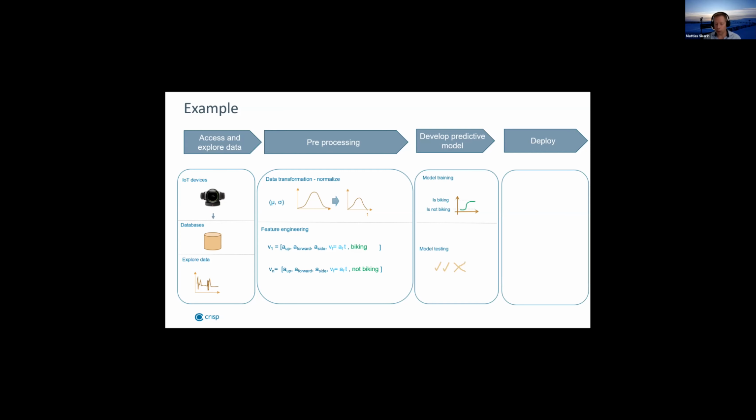And finally, you'll take the model and you deploy it. Maybe you deploy it as a service on the cloud, and then you can go on a web page. The user can find out the number of days the person's been biking versus number of days the person's been watching TV. So just to give a small illustration of how this process actually works.